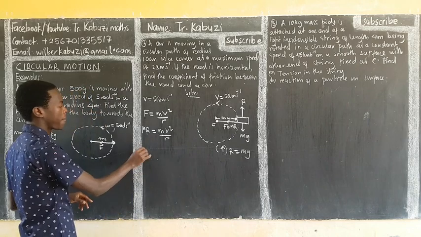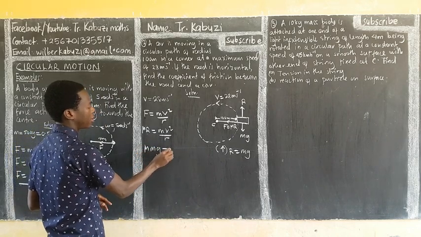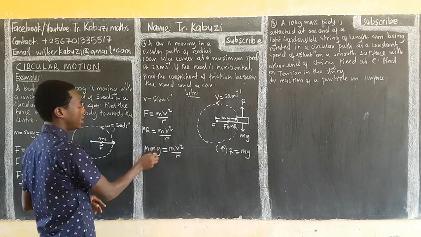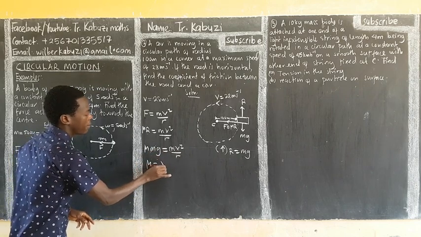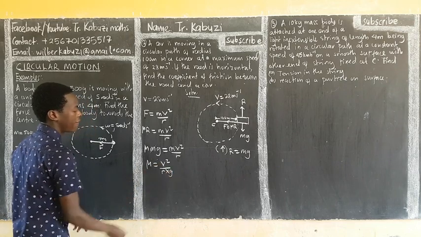So if I substitute there, I have mu m g equals m v squared over r. If I cancel the mass, my mu is going to be v squared over r g.